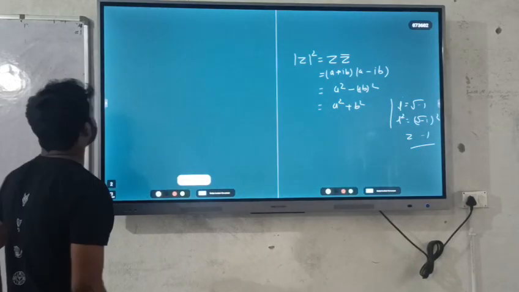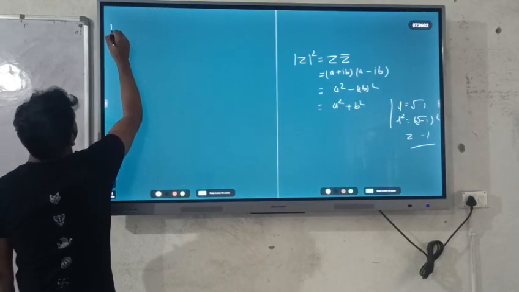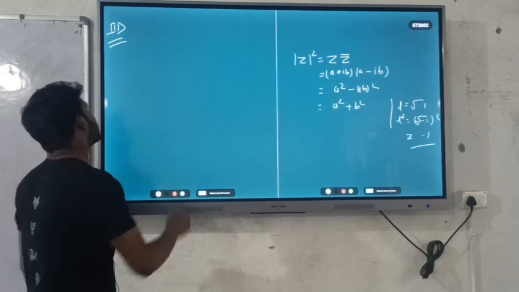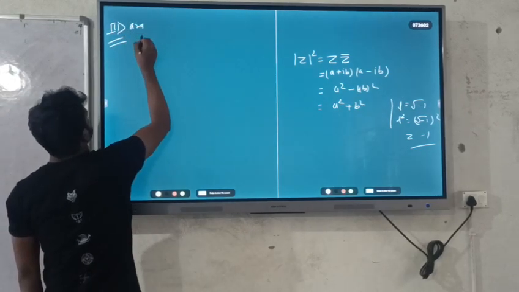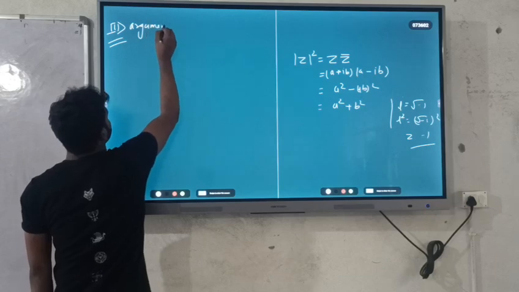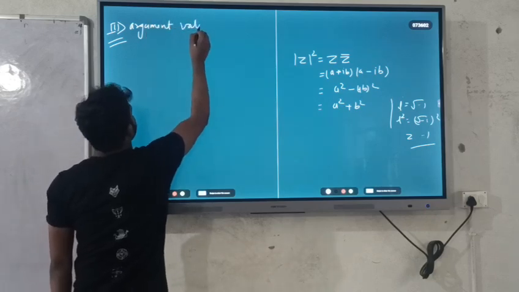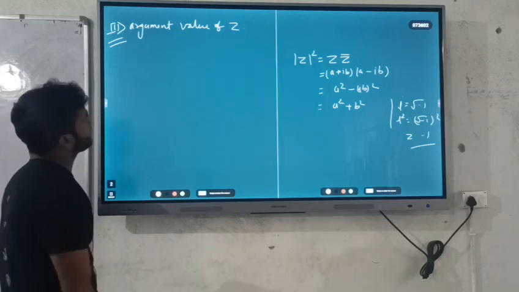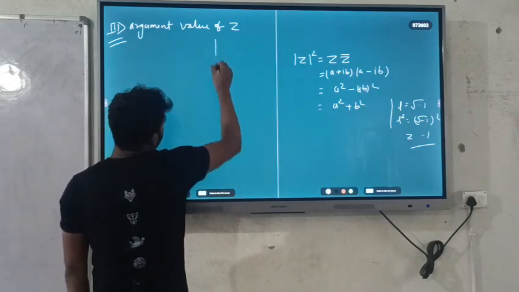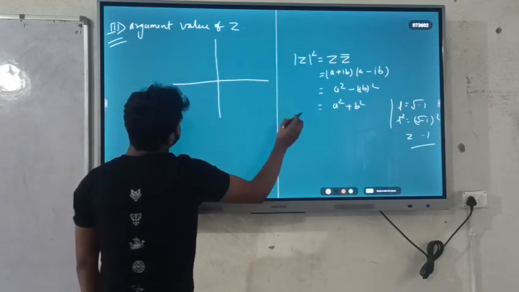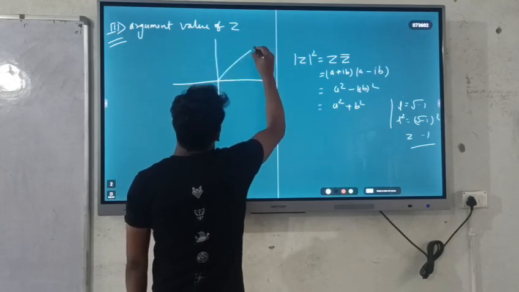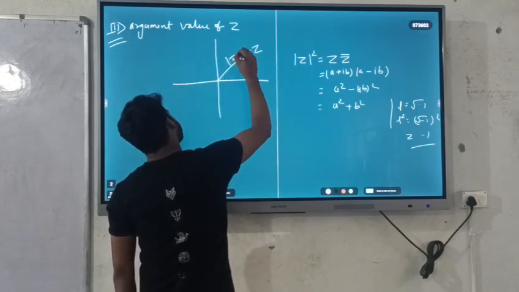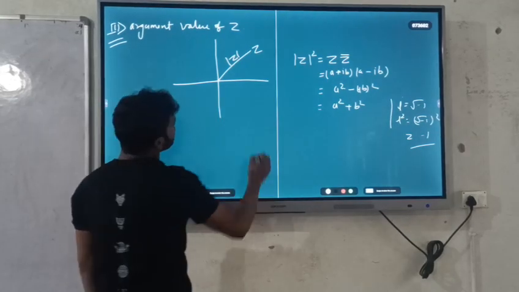Now we move to my next term of complex number, that is the argument. What is the argument value of z? As we know, we can represent a complex number in an Argand plane, and that distance is my modulus value.